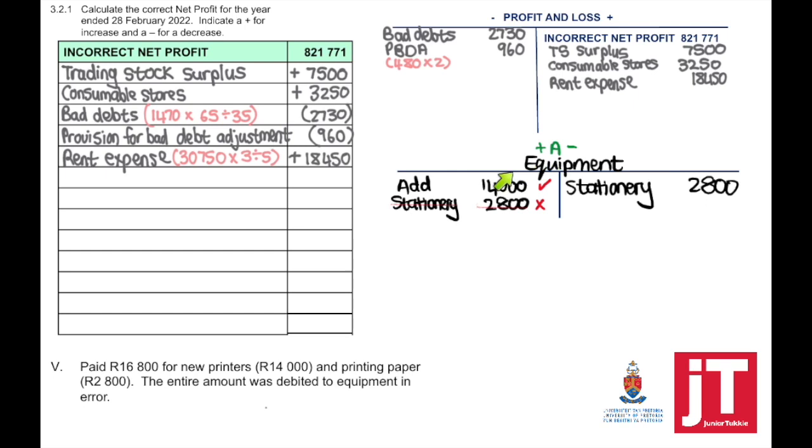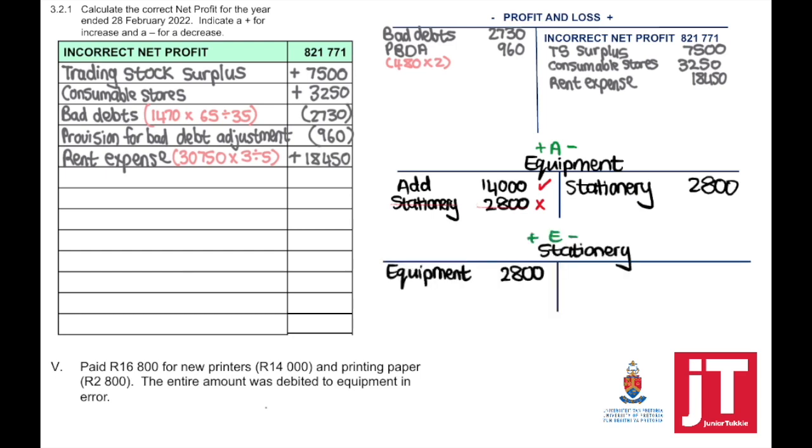Equipment is regarded as an asset, so the addition was 14,000, which should be included as part of my equipment. But the printing paper was incorrectly debited to equipment, which means we need to take that out so that stationery can be debited. If stationery is debited, our expense will increase. If our expense increase, it will have a negative effect on the net profit, which was calculated incorrectly.